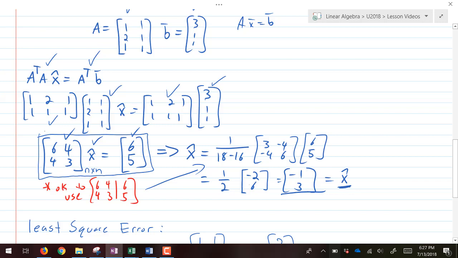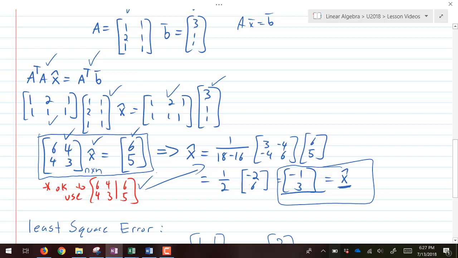Notice that 6 times 3 is 18, minus 16 is not equal to 0, so this has a unique solution. So I'm going to use what I know about how to find the inverse of a 2 by 2 matrix, and solve this to get my unique least squares solution, which is the column vector (minus 1, 3).